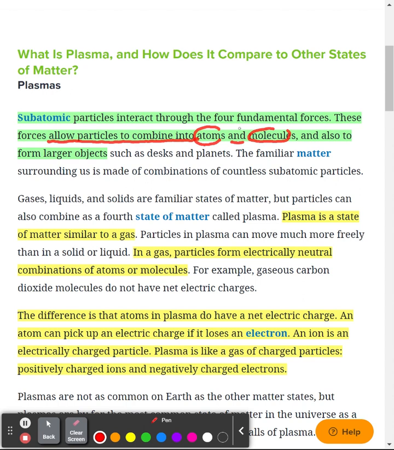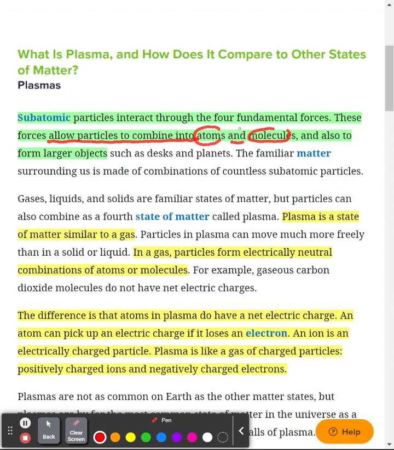So a gas, whether it's an atom or a diatomic structure, two atoms, or whether it's a molecule, doesn't have positive or negative charge. They are neutral. Okay?